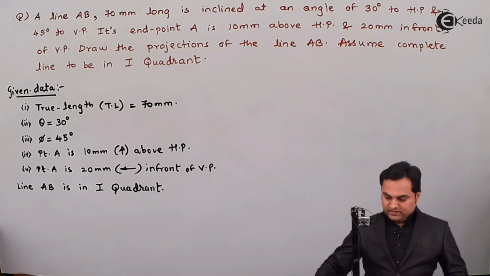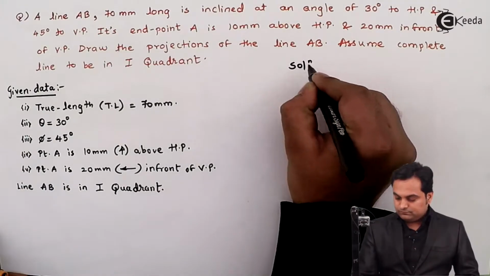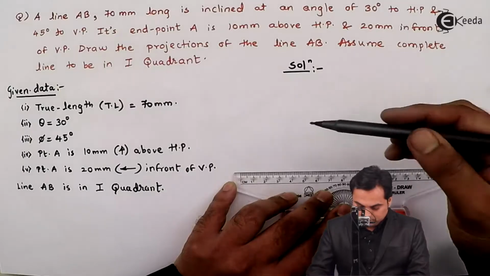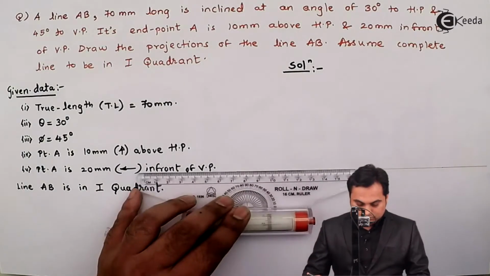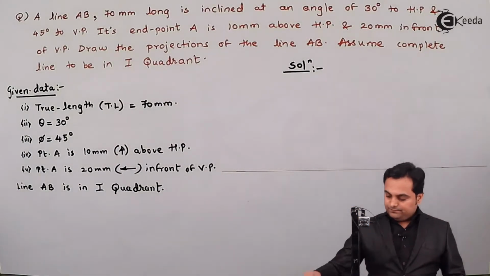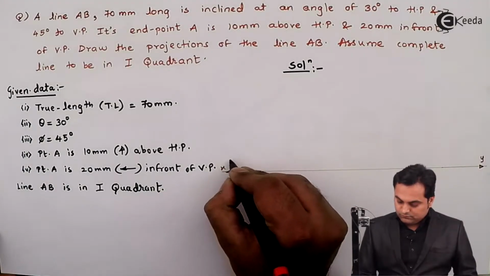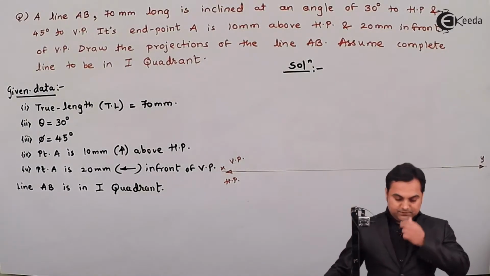Now I'll start the solution to this problem. First I'll draw an XY line. Then VP, HP.